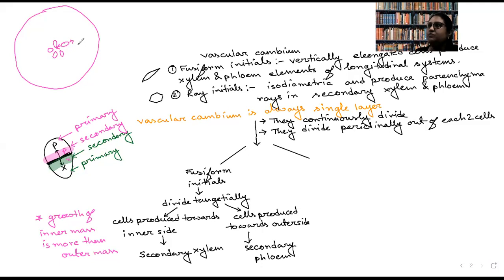If you consider dough here and press it against a wall, the dough won't enter the wall. What will happen? It will come outward. So similarly, as there will be less growth outside as compared with inside, the pressure will come outside and the primary phloem will be crushed totally.